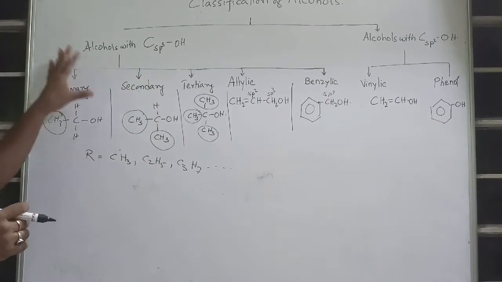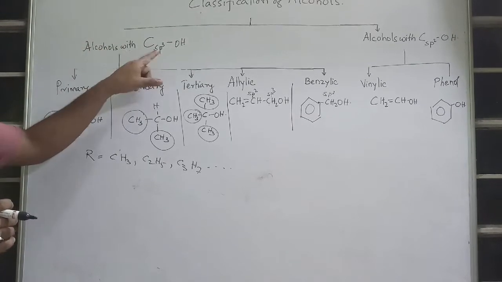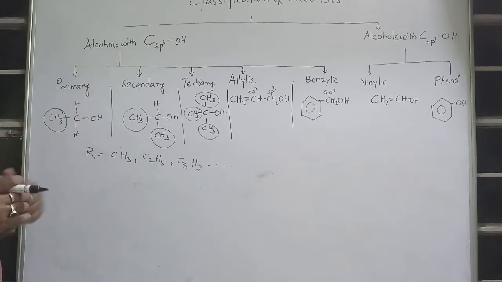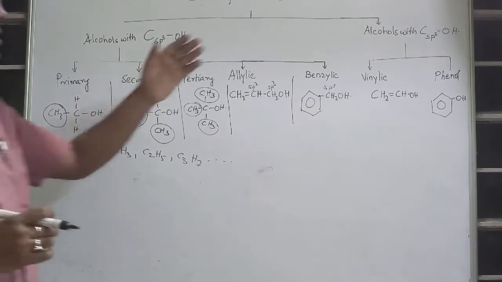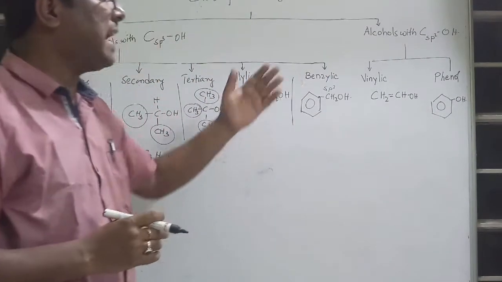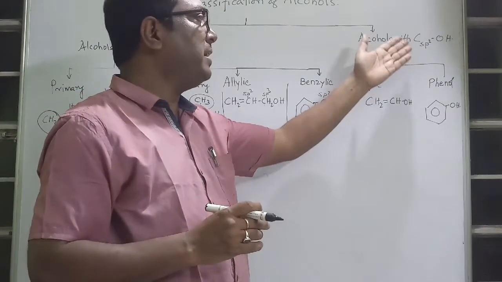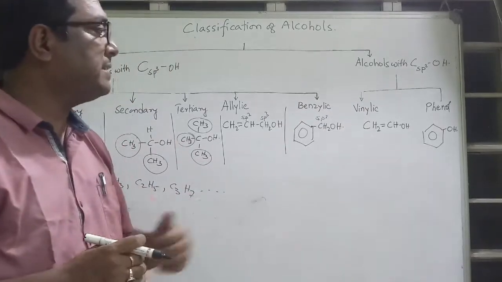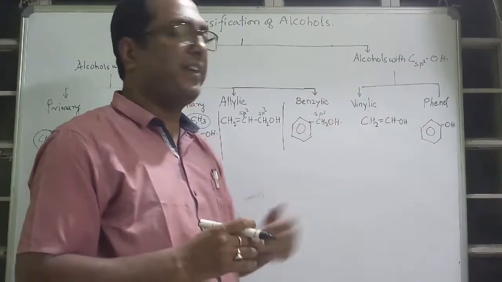So students, these are the alcohols having the OH attached to a carbon which is sp3 hybridized. And if we go to the next phase, the alcohols where the OH group is attached to a carbon which is sp2 hybridized, we have vinylic and phenolic groups.